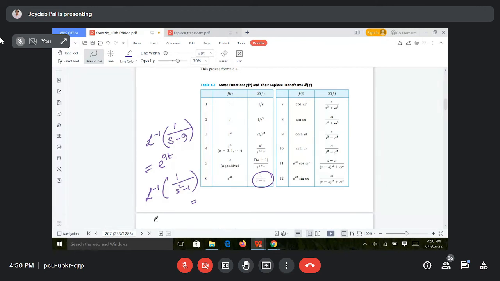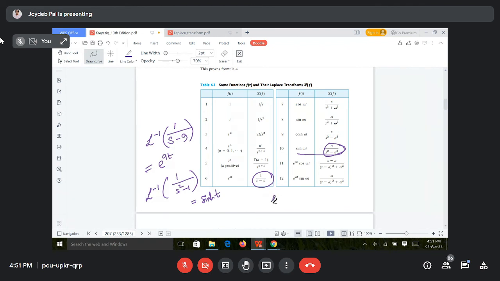Sin ht, yes, sin h is this formula you see. If you take a equal to 1, a is a constant, a may be anything. So here the case is a equal to 1, 1 by s square minus 1. So it will be sin ht.